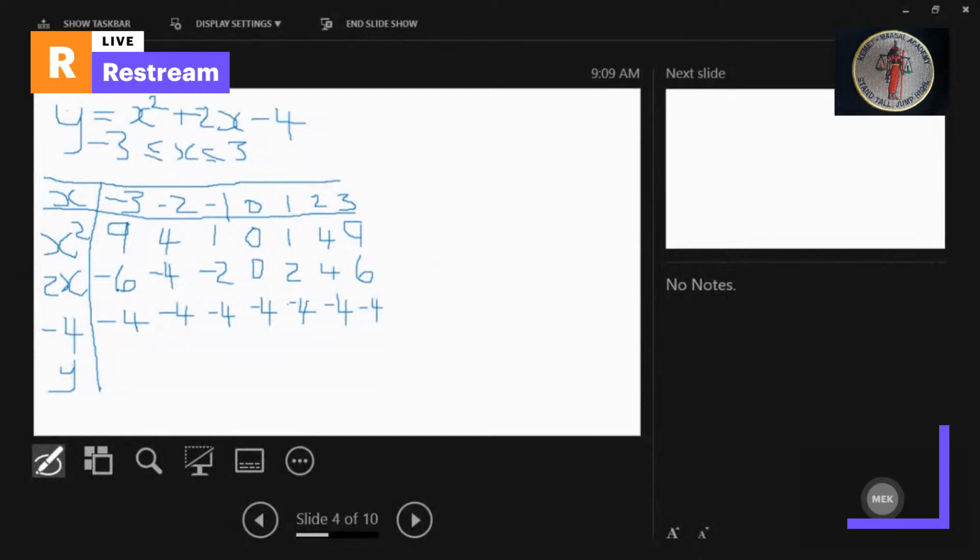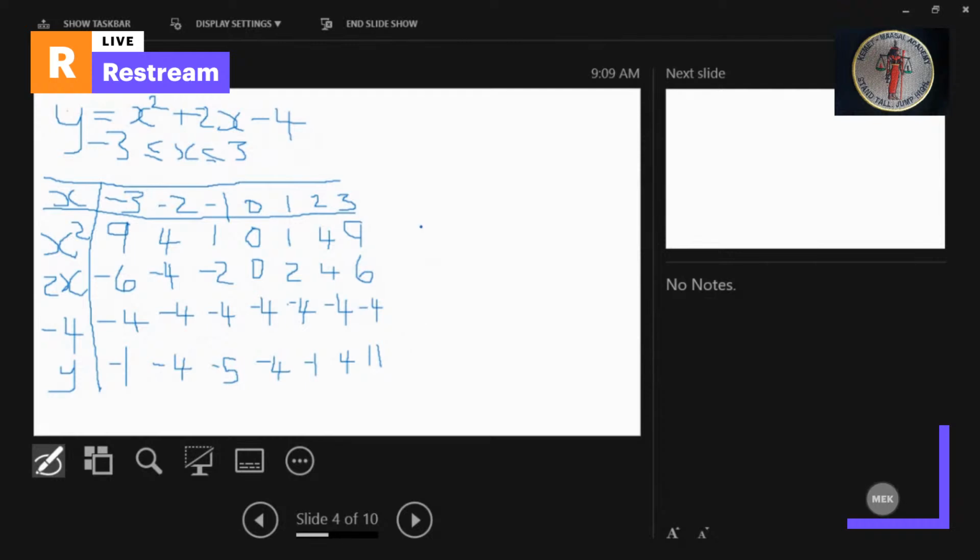So it's 9 minus 6, which is 3, minus 4, which is -1. 4 minus 4 is 0, minus 4 is -4. 1 minus 2 is -1, minus 4 is -5. 0 minus 4 is -4. 1 plus 2 is 3, minus 4 is -1. And 4 plus 4, 8, minus 4 is 4. 9 and 6, 15, minus 4 is 11.